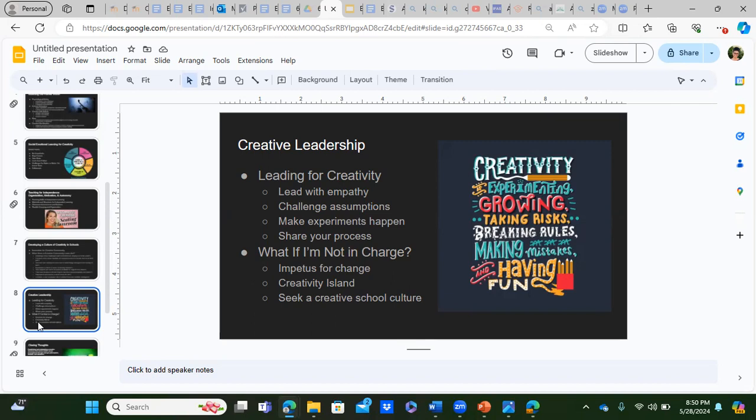And so it's very important to consider, what if you're not yet in charge? There are 3 things that your book mentions, and I also would like to underscore them here. You could actually be the change maker in your school. As we mentioned in the previous 4, make experiments happen, make suggestions, try things, collaborate with down the hall partners who are also creative.